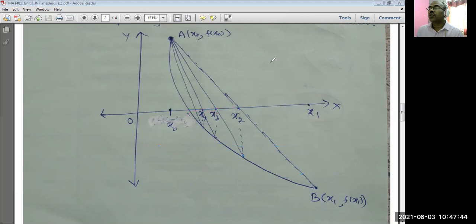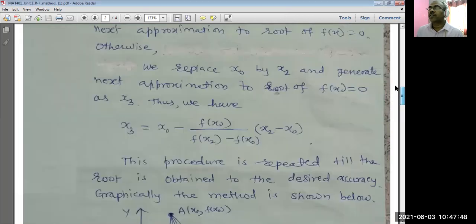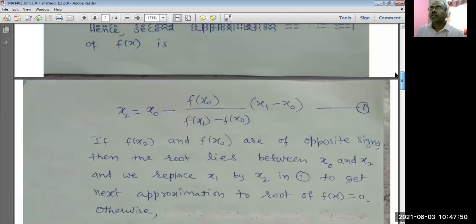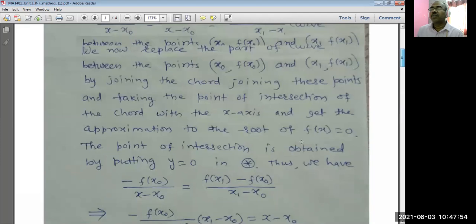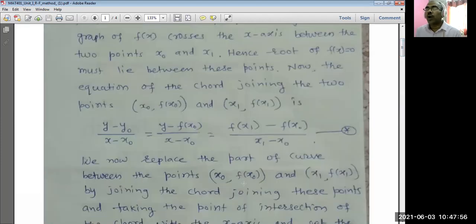See here how to get points x2, x3. We have this equation of the straight line, star. In equation star, we substitute y as 0 in y minus f of x0 divided by x minus x0.